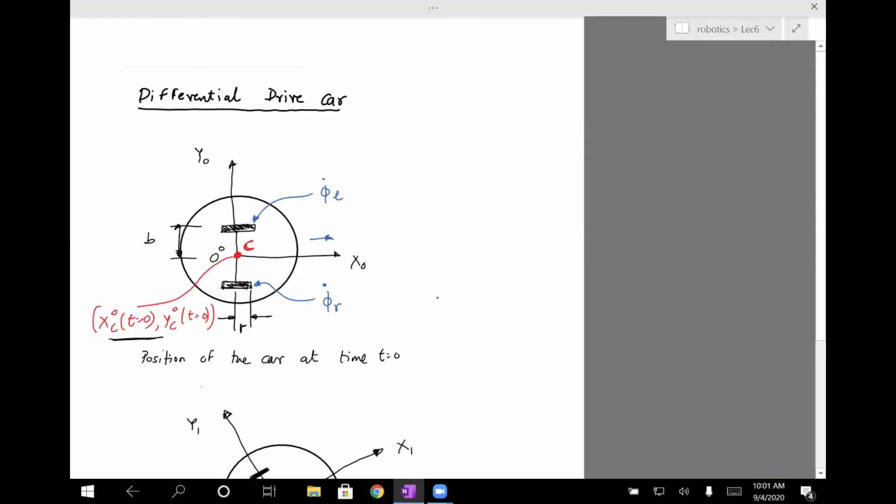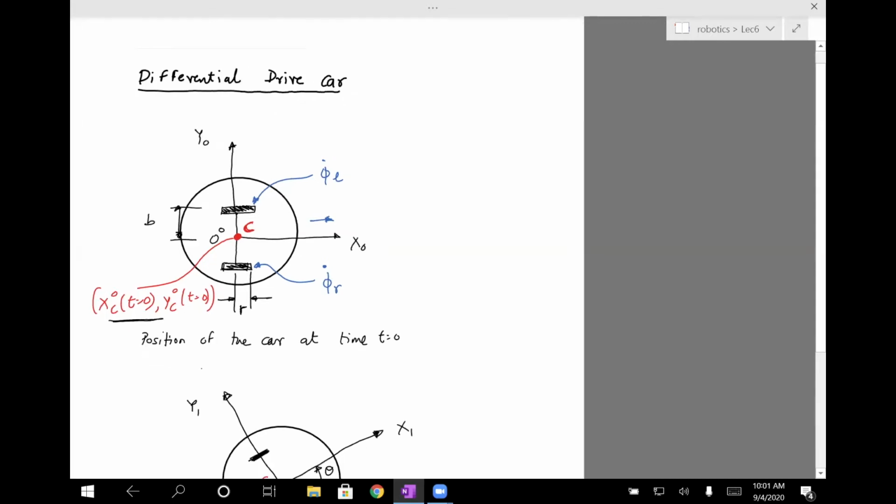Talked about modeling a differential drive car. Here is the figure I drew. Essentially, the circle represents the chassis of the car as you view it from top. The two wheels are shown.